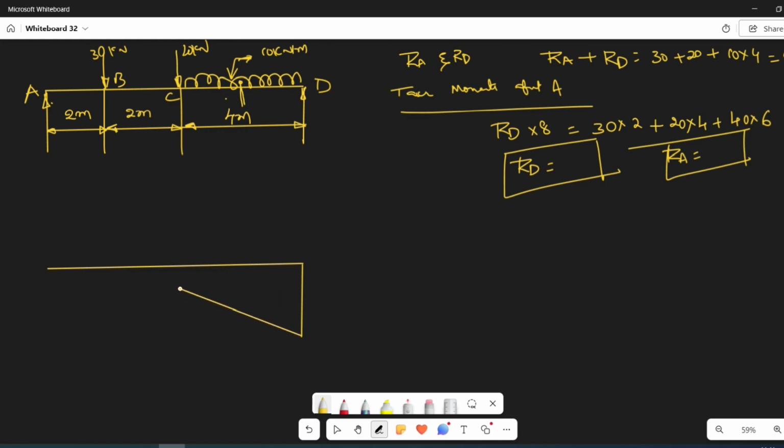Up to this one, it is going to vary linearly. As there is no force between B and C, then it stays constant.